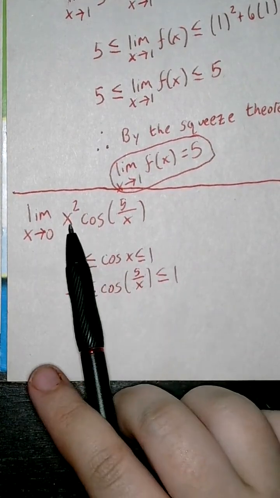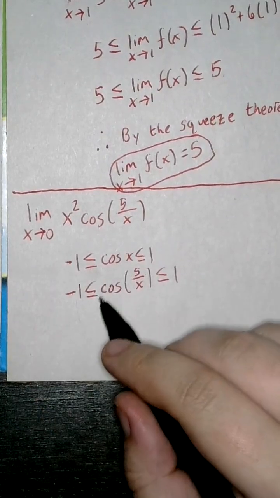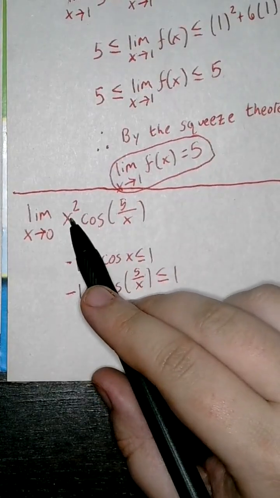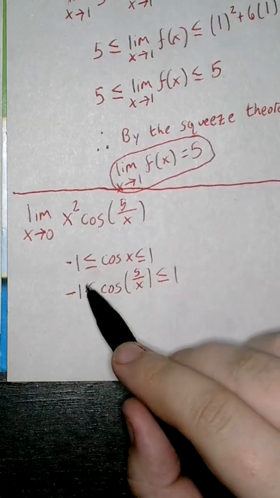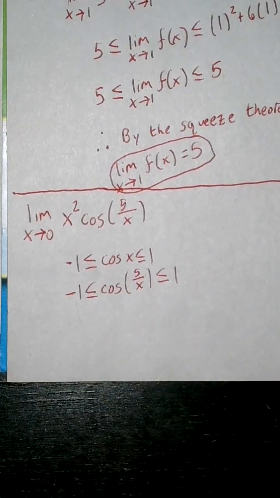So I have x squared here, meaning that, am I going to have to flip my inequality signs or no?